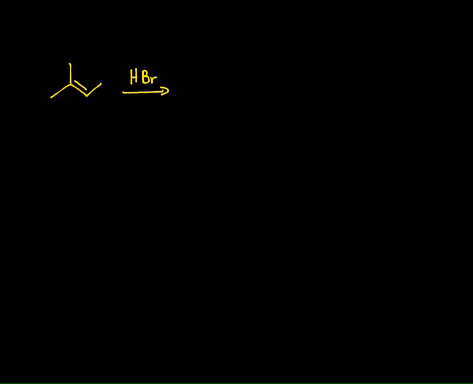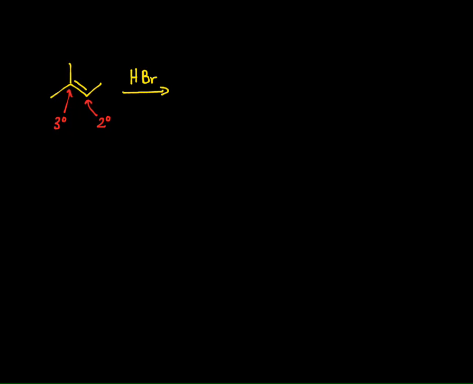Here I have 2-methylbutene, and you see that if I think about the first step, the addition of the pi electrons to that sigma star of HBr, then I can form one of two possible carbocations. The left carbon is going to produce a tertiary carbocation because it has three carbons attached to it.